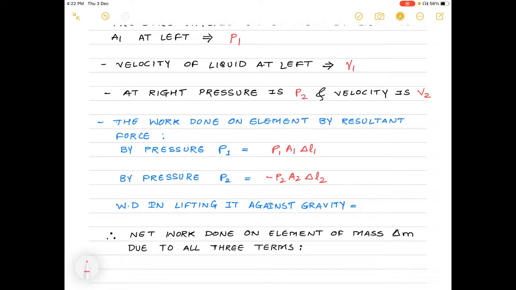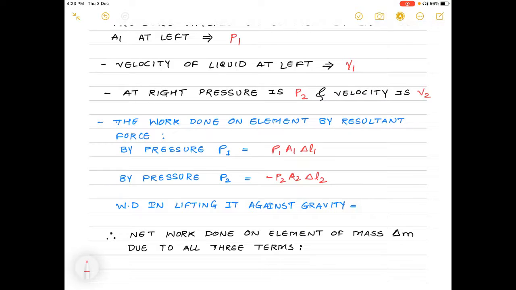Now the third one is work done in lifting it against gravity. Why lifting it against gravity? Because initially at the left hand side, that liquid element is at a height h1 from some reference level, and when it is moving towards the right hand side, it is rising to height h2.